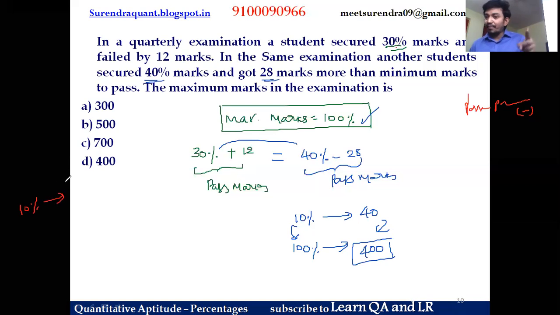It could be both failed or both passed. In such a case, what is the difference of marks? 28 minus 12 is 16. If it is contrary, if one person failed and the other passed, take the sum. Otherwise, you can go with the basic analysis.